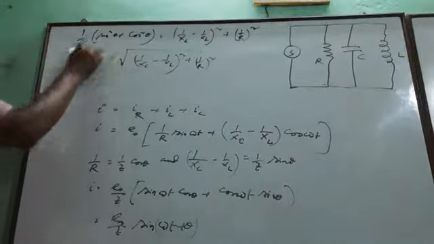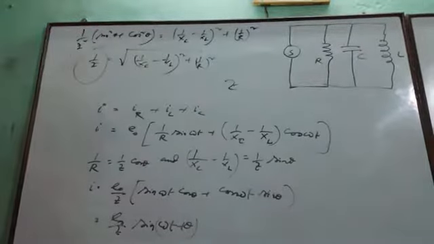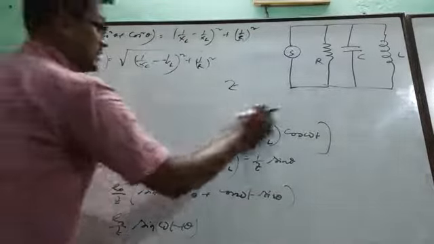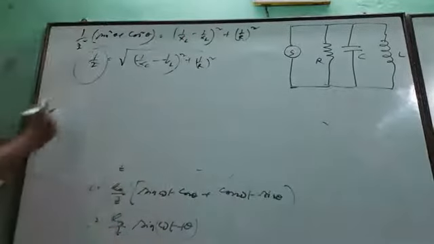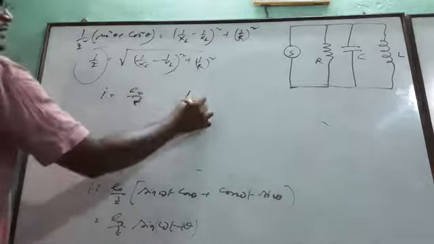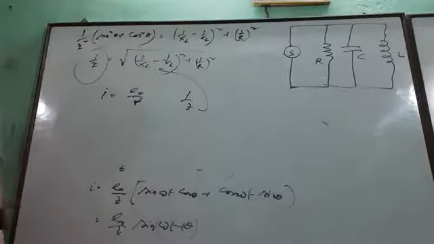So this Z term is called impedance, and this 1 by Z is called admittance. By dimensional homogeneity we can say that current I equals E naught by Z, and the value of 1 by Z is given here, which is known as admittance.